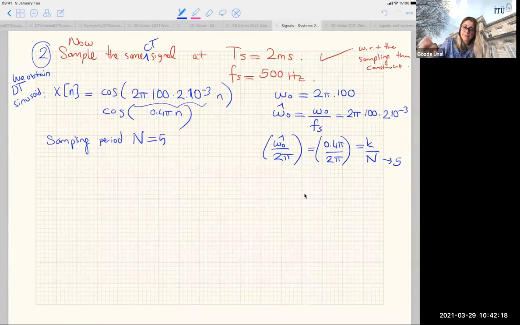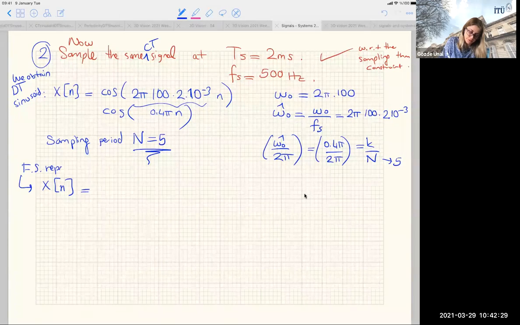It's 5. Now this is important to define. I go to my Fourier series representation of the signal. The Fourier series representation of x of n becomes, because that capital N is used in its form, remember it's k from 0 to N minus 1, so it's 4.